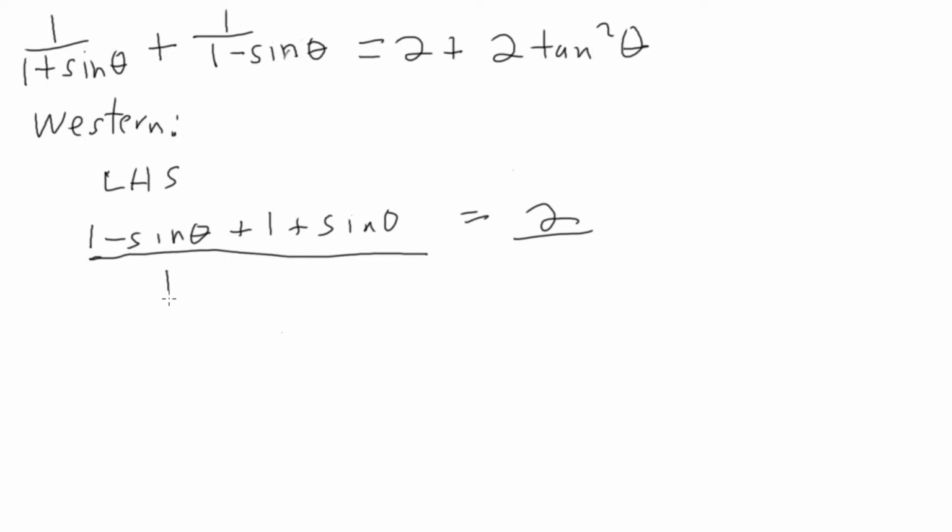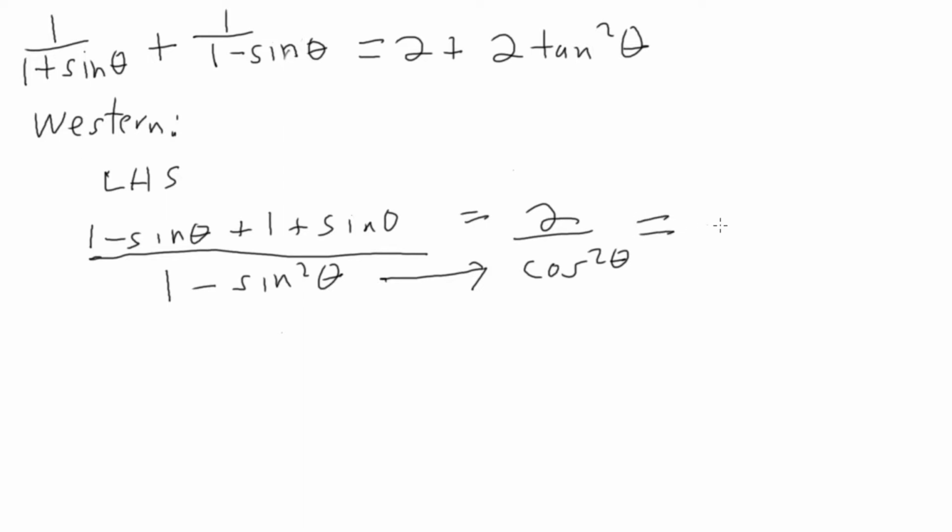So it's going to simply be 1 minus sine squared theta. Now you would have to know the Pythagorean identity, sine squared plus cosine squared equals 1, and the variant 1 minus sine squared theta equals cosine squared theta. So we could just put that over here, because basically one equals the other. And now that's the left-hand side, but let's simplify it a little more.